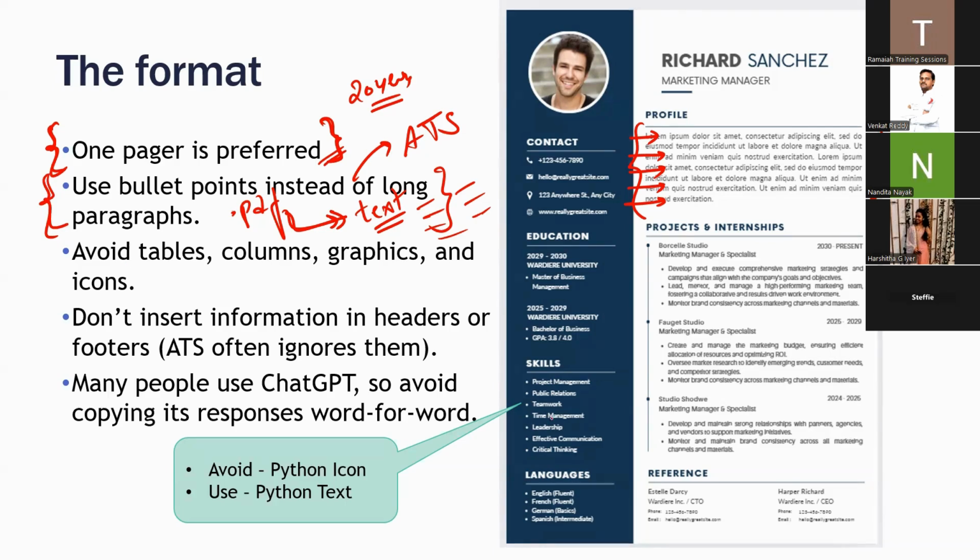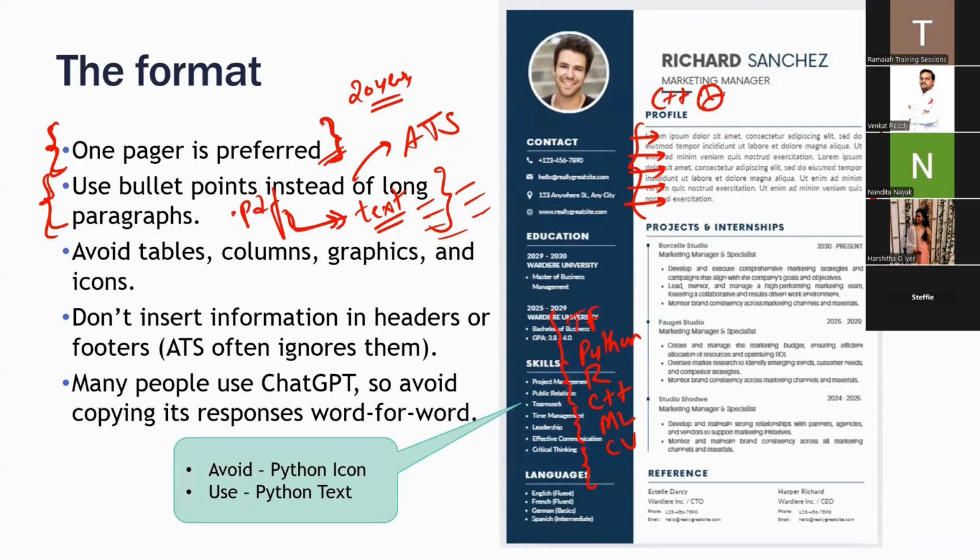And let us suppose if I want to put on my CV that I have a Python skill set, I have R programming language, I have C++, I have a ML skill set also, I have computer vision as well as TensorFlow. Sometimes what I have seen is, to make this look good, some people keep some images or icons. So let's say a C++ icon, some kind of Python icon.